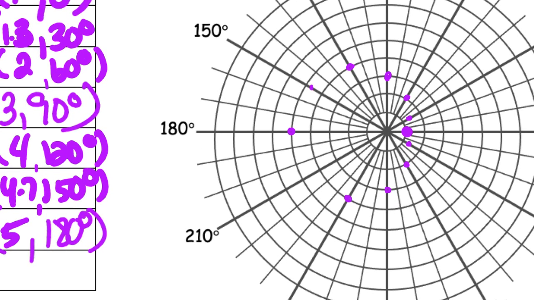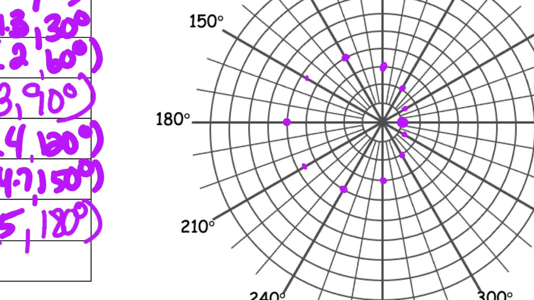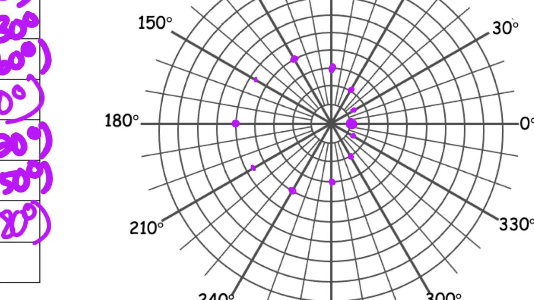So almost to 5. And then I'm going to slide that right down to 210. And then I'm just going to take it and start connecting my points. And you can see how your limacon with a dimple does not touch the pole.